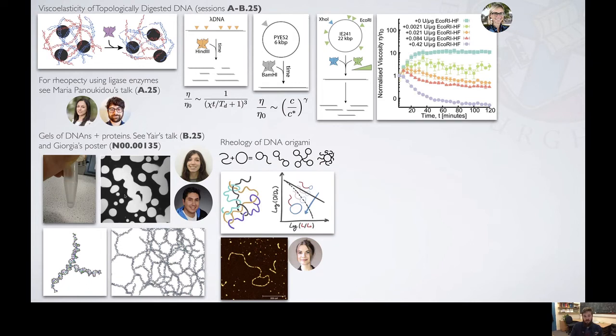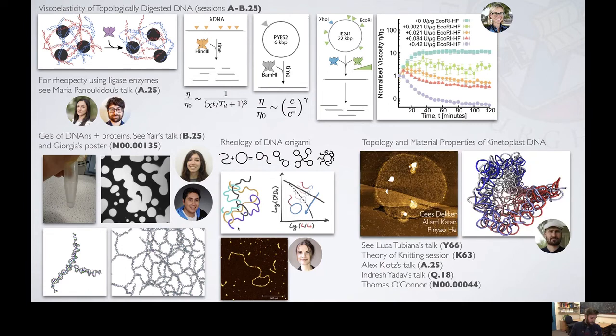We're also interested in rheology of DNA origami. So Jenny is working using DNA nanotechnology, DNA origami, to fold tadpole shape polymers, and the aim is then to put them in high concentration so that some collective behaviors and hierarchical topological constraints arise, and they should give rise to interesting rheological behaviors.